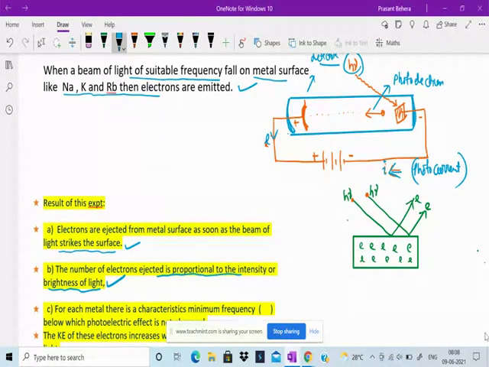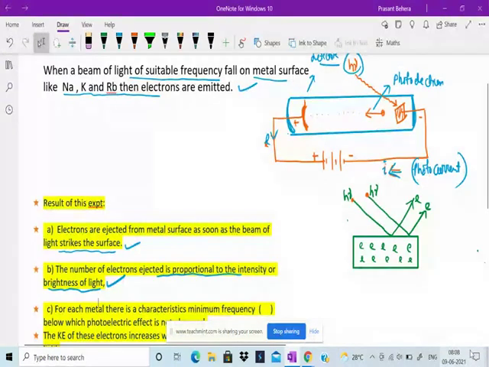With increase of intensity, the number of photoelectrons increases. As a result, the photocurrent is also increased. Photocurrent is directly proportional to the intensity.